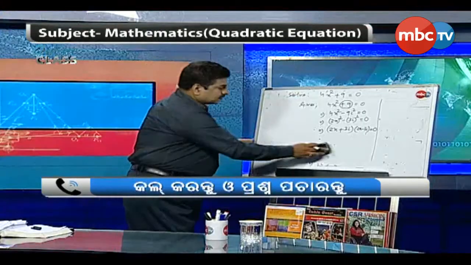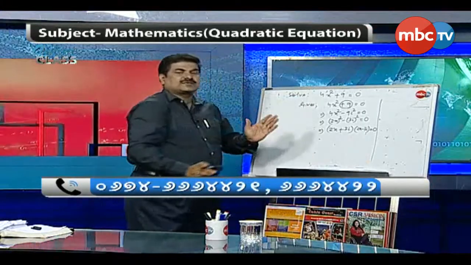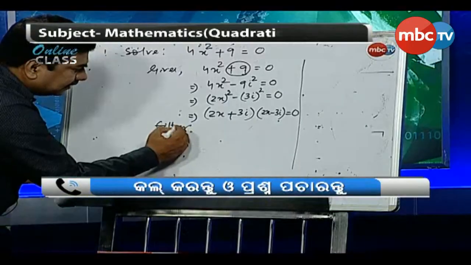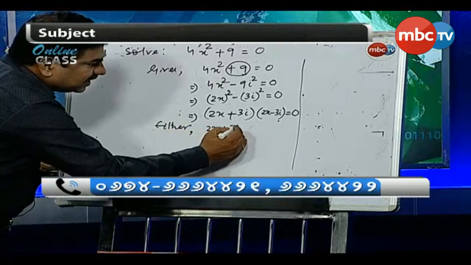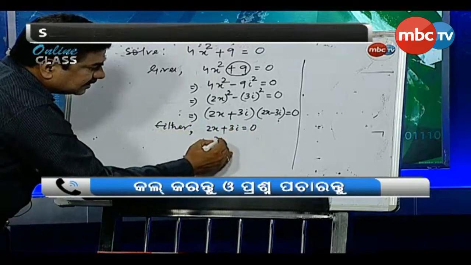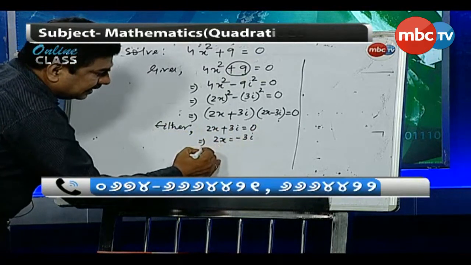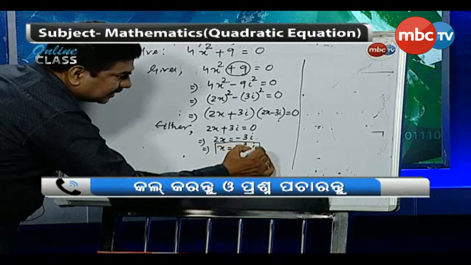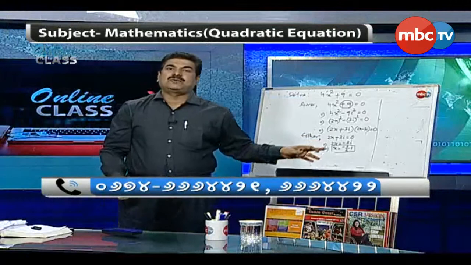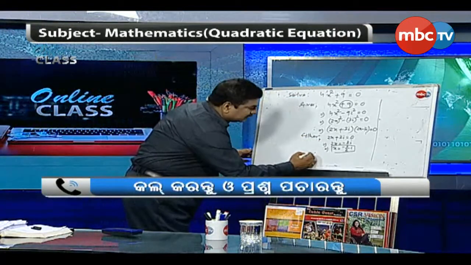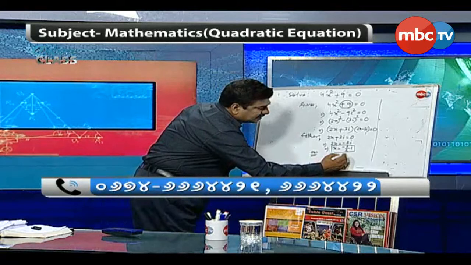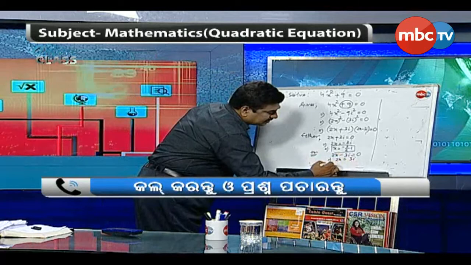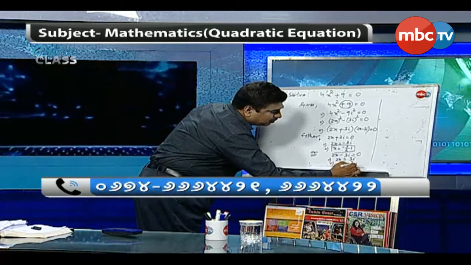This is also a quadratic equation, it has two roots. Either 2x plus 3i equal to 0, so 2x is equal to minus 3i, x is equal to minus 3 by 2 i. The second is 2x minus 3i equal to 0, so 2x equal to 3i, x is equal to 3 by 2 i.